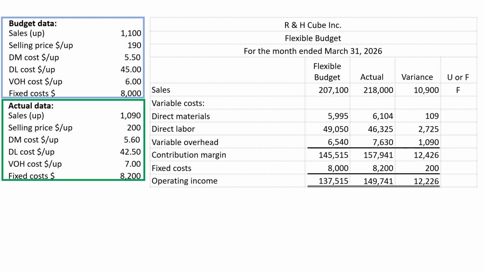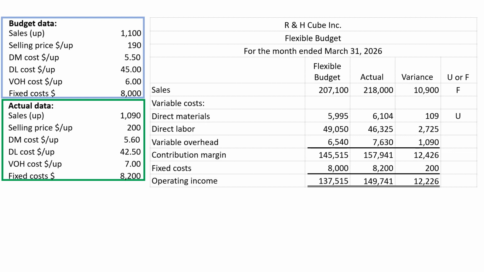The next variance is direct materials. Generally, would you hope that your actual direct material cost is higher or lower than your budgeted cost? Lower. We hope our actual costs are lower than our budgeted costs. Since our actual direct material cost was $6,104 and we only budgeted $5,995, the $109 variance is unfavorable.